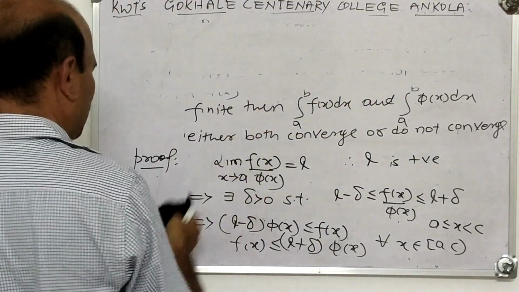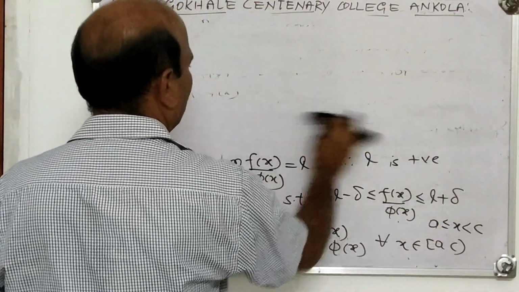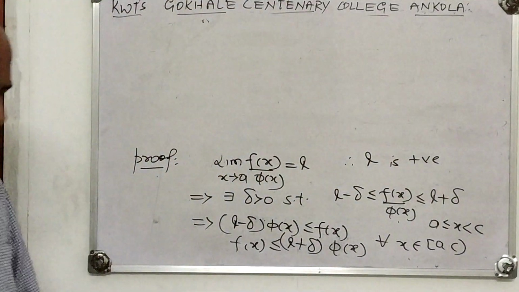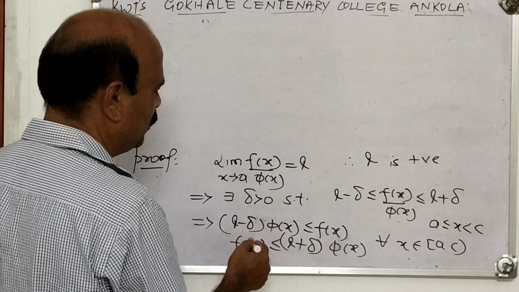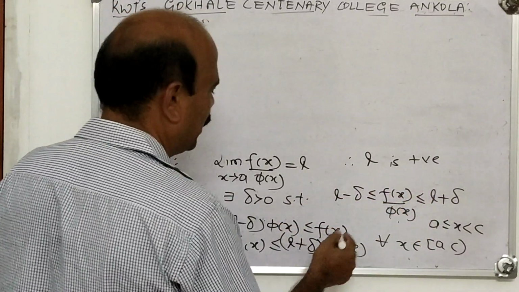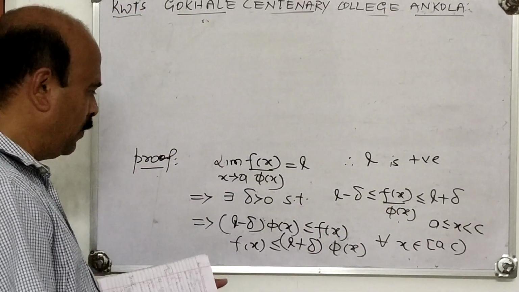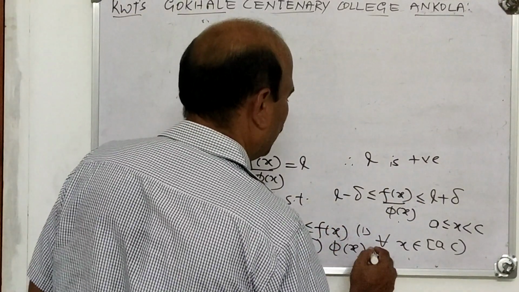I have used the definition of limit here. What is the definition of limit? Limit is L means there exists δ so that f(x)/φ(x) lies between L minus δ and L plus δ. From that we can write this. Take this as 1, this as 2.